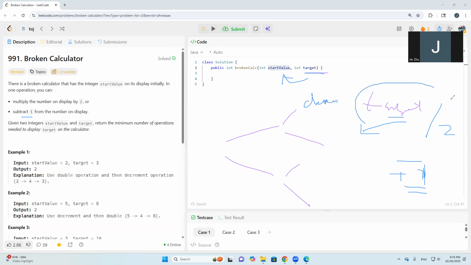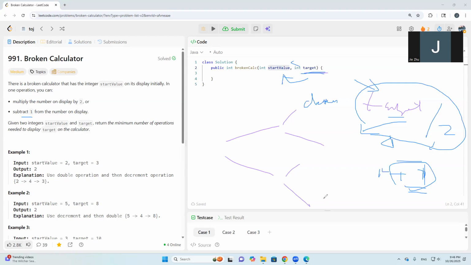So we know this kind of target to start process has deterministic operations, right? Divide by 2 will always be more optimal than plus 1, because plus 1 will increase the number while divide by 2 always decreases it. Our target is greater than start, so we choose target divided by 2 as our first option.